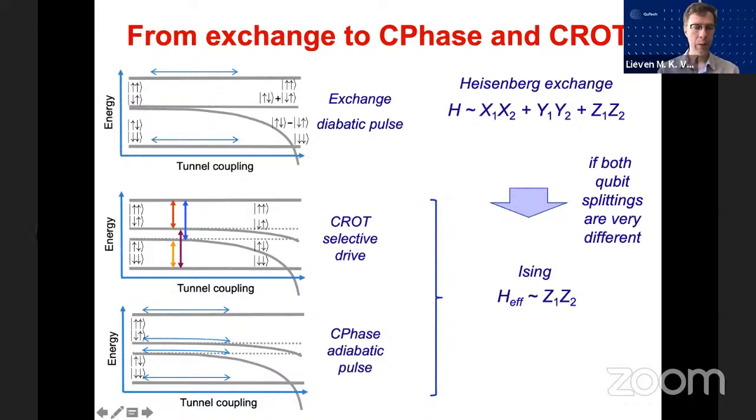And another gate that we can implement using this Ising interaction is a C-phase gate. In this case, you just start from the uncoupled situation and you move adiabatically to the situation with coupling, where again, the splitting of one qubit depends on the state of the other qubit. And that means that there is a conditional phase evolution. One qubit will precess more rapidly or more slowly, depending on the state of the other.